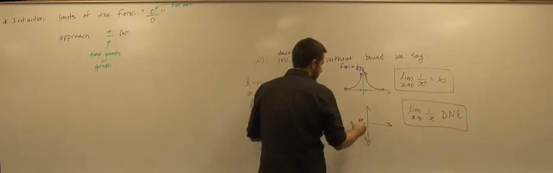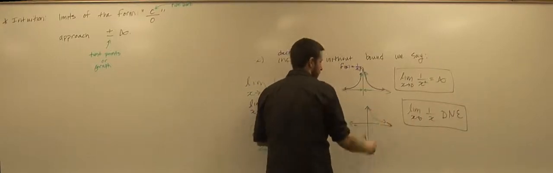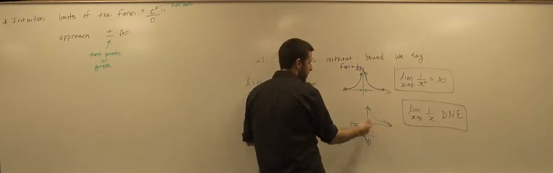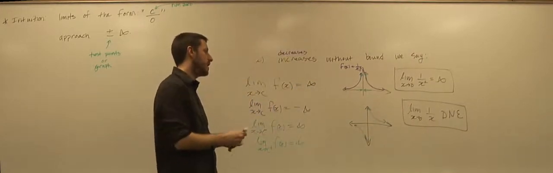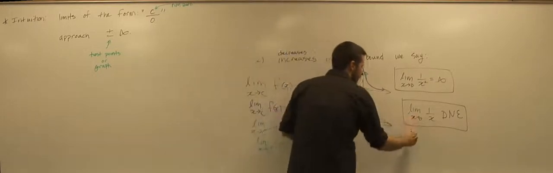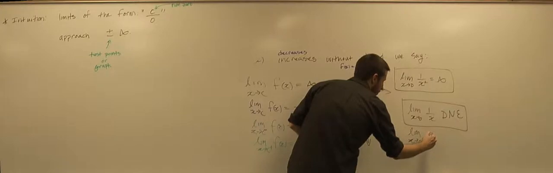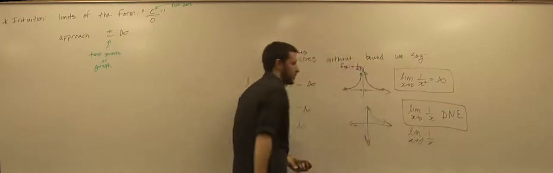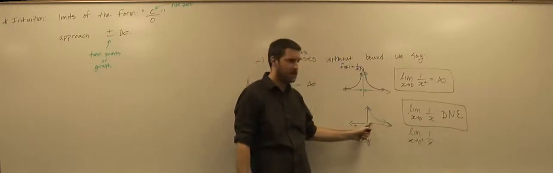On this side, you're going to decrease. On this side, you're going to increase. So on one side, you're going to positive infinity. On the other side, you're going to negative. But if you put in a plus or a minus down here, then you do have a limit. So what if I did a little plus? If I go to 0 from the positive side of 1 over x, then I'm looking at the right.